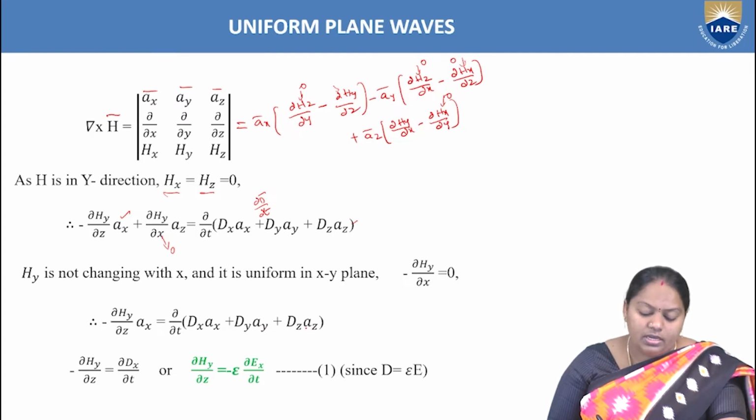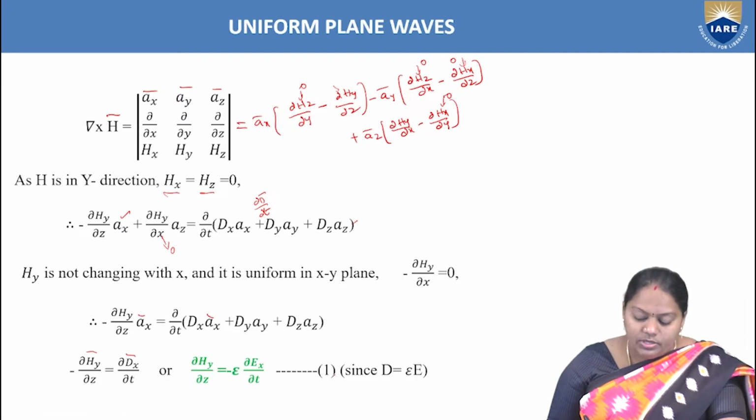Now compare the vector direction components on both sides, the x components. Only the x component is left, hence the ay and az terms tend to zero, and comparing both sides, minus dou Hy by dou z equals dou Dx by dou t.